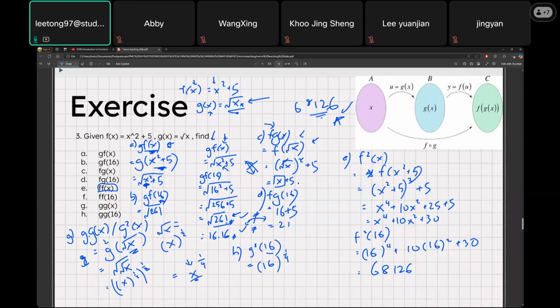So you get 2. Okay, it's the same as this. Is equal to square root 16, which is 4, and square root 4 is 2. So these two are the same.